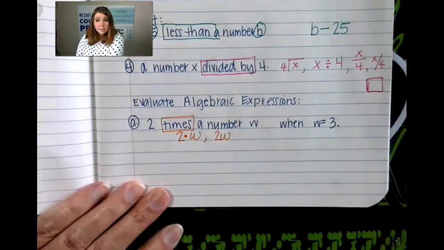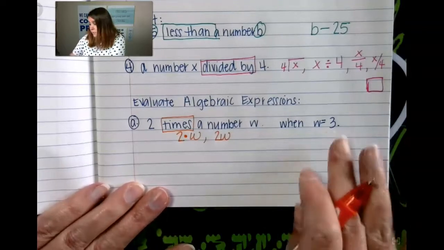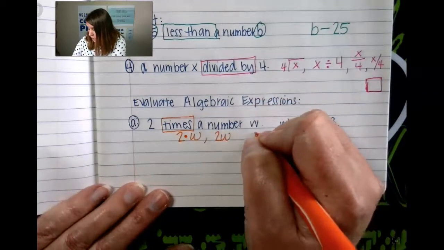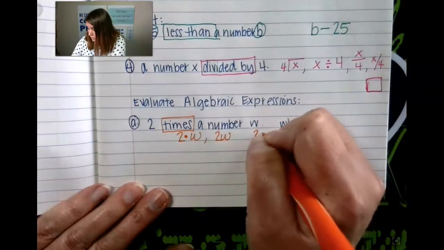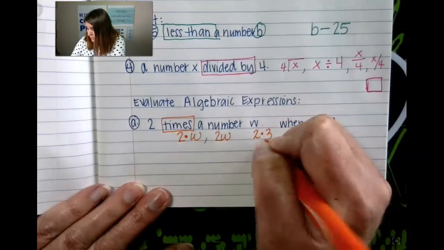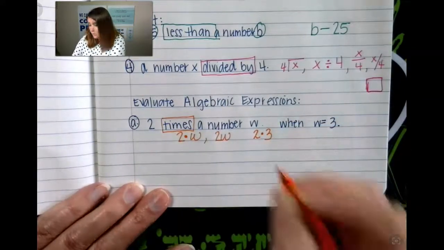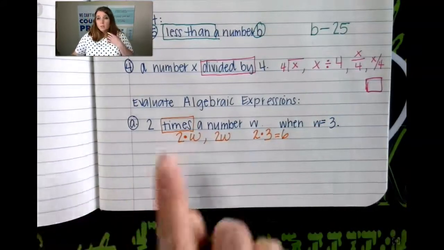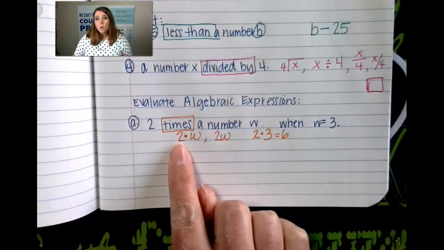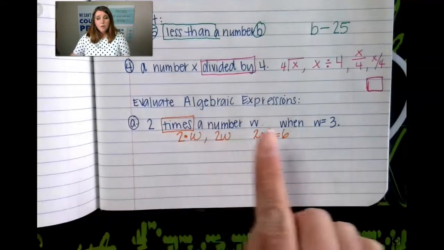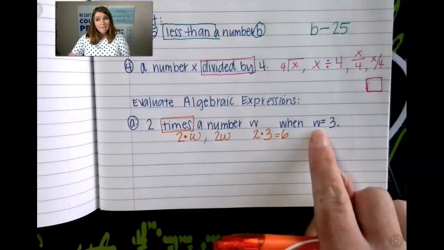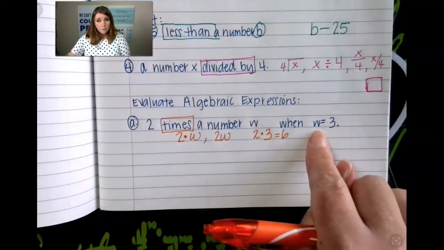Just like this. Number stuck to a letter. Now I need to substitute this in here. So now I'm going to solve it. 2 times 3 equals 6. So part A, I wrote the expression. Part B, I've now solved it because they gave me a value for W.